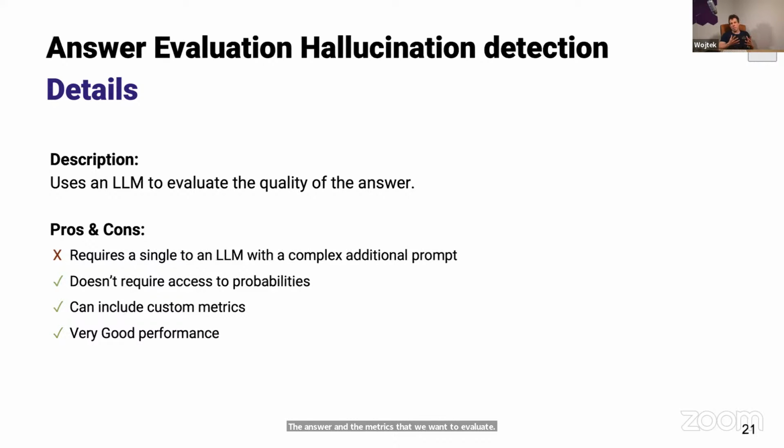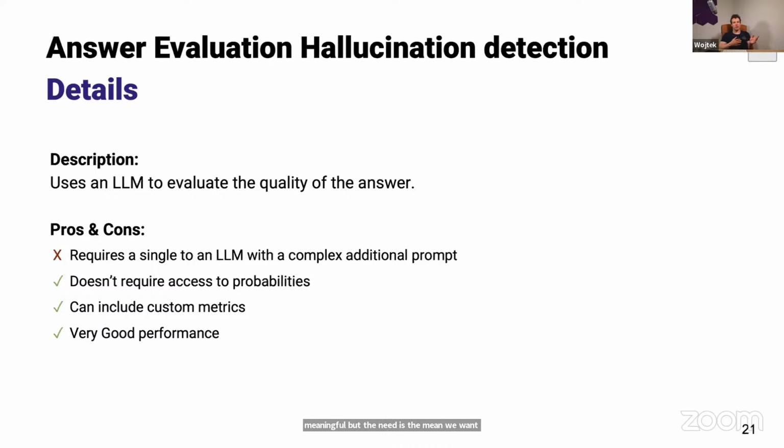The main con of that, of course, is that it requires a single additional LLM call, so it's already cheaper than the first method, but we need a very complex, probably well-tested additional prompt to make sure that the metrics we get are actually meaningful, not only generally meaningful, but the meaning we want.